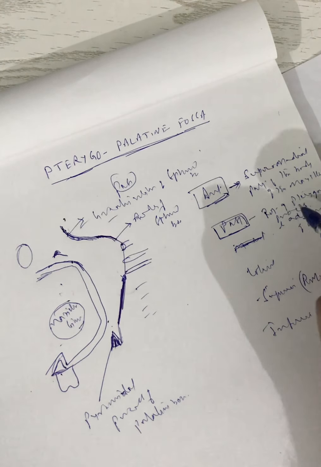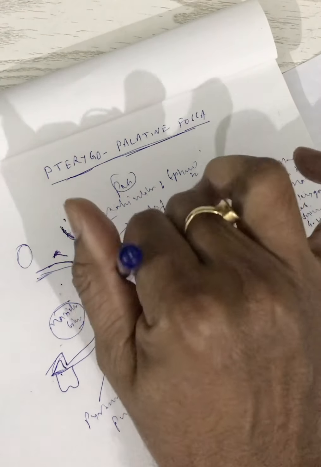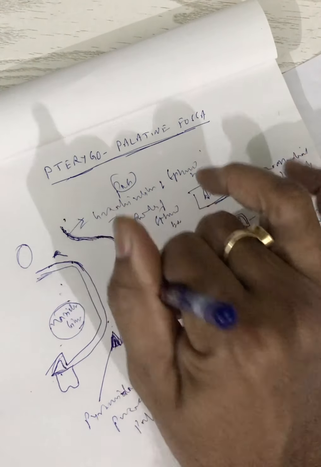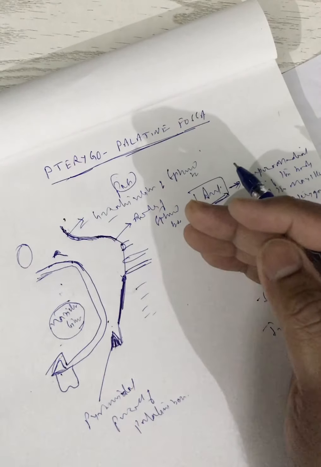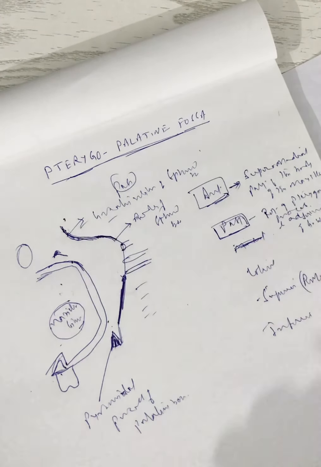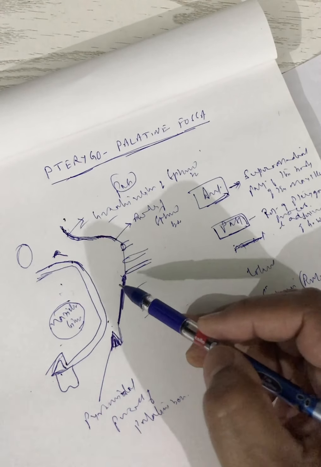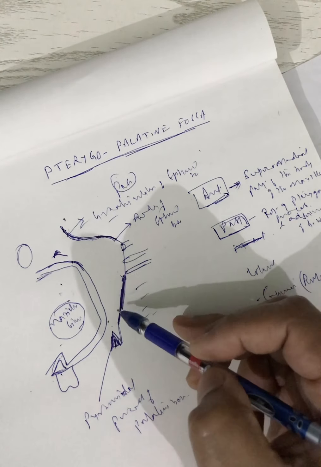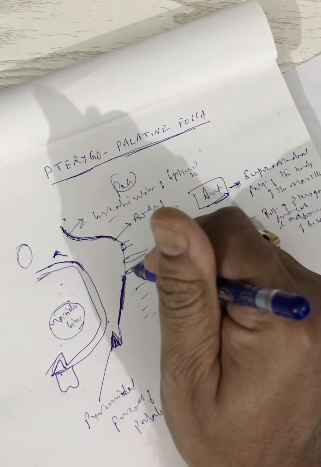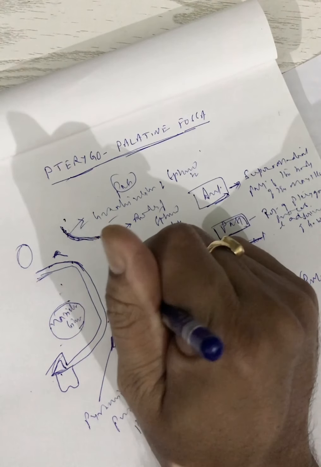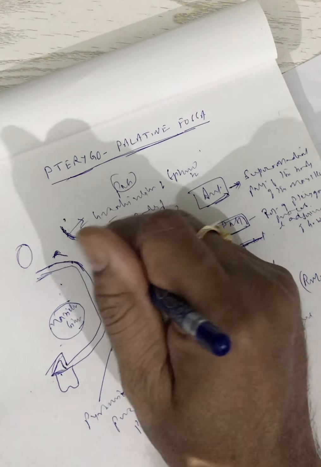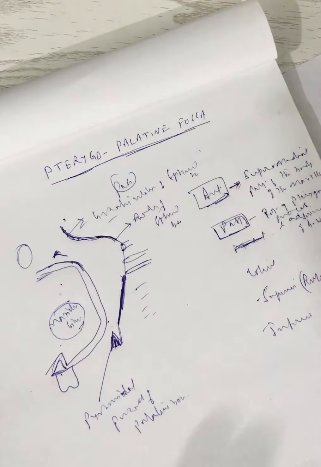We are seeing from the outside. This is the lateral pterygoid plate, and we have got the medial pterygoid plate also. Both the lateral and medial pterygoid plates come from the root. This is the root of the pterygoid plate, and above we have got the greater wing of the sphenoid bone.